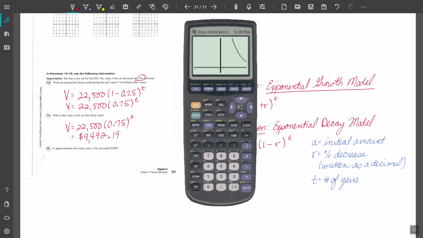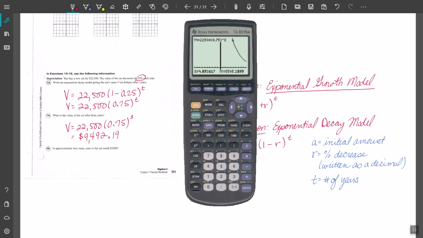And then you're going to use the trace button again. So we're going to go to trace, and you should pop up with the little cursor. You can use the arrow keys just like we did before to go up and down the line. We are looking for the approximate year when the car is worth $5,300. So 5,300 is my y. That's my dependent variable. So I need to go to a y of 53.